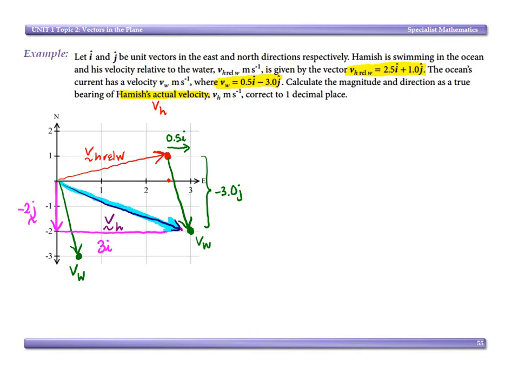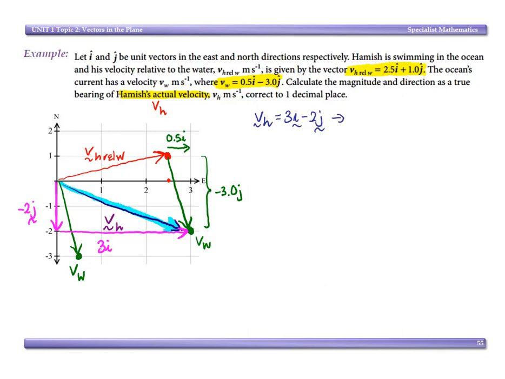Should really draw that going all the way across. Okay, so I know without even doing any calculations that the velocity of Hamish is 3i minus 2j.